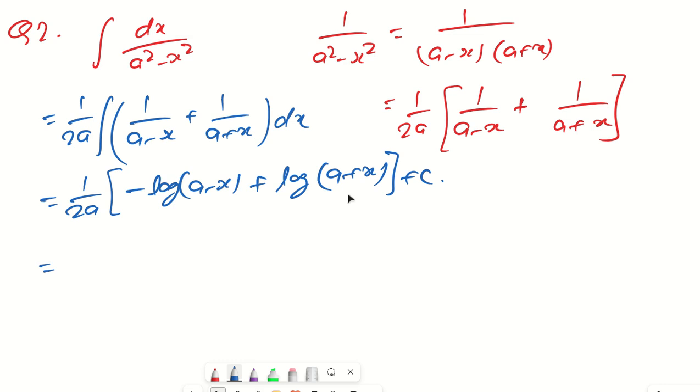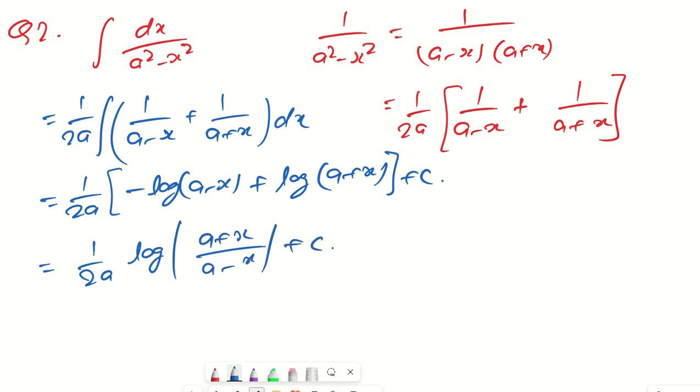Now you know this is the formula of log of a minus log of b, so this will be log of a by b. So I can write it down as 1 by 2a log of mod of a plus x by a minus x plus some constant c. So this was question number 2.